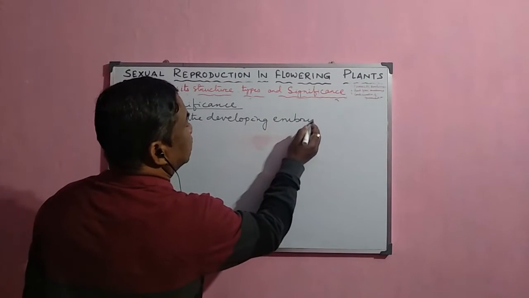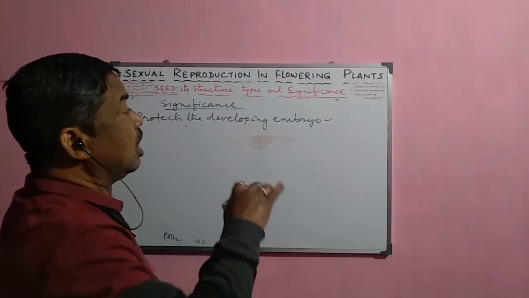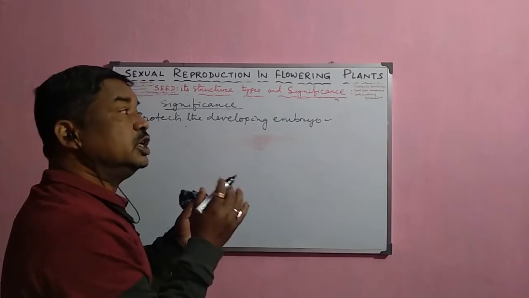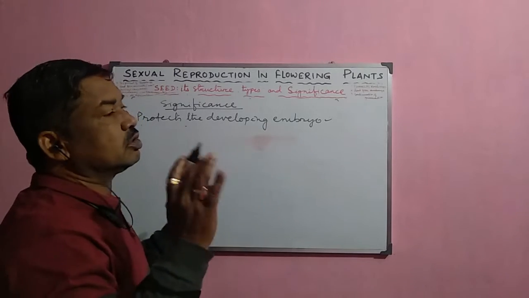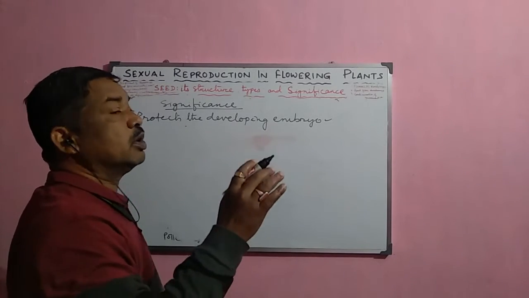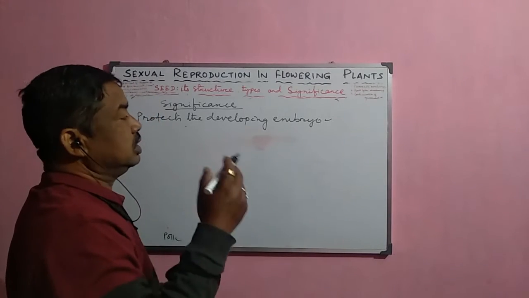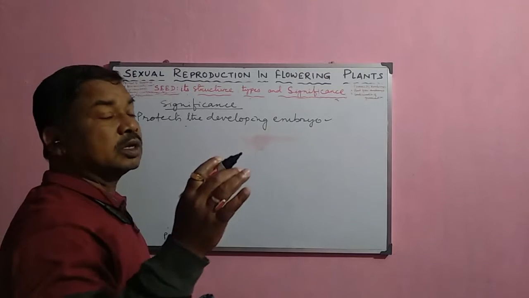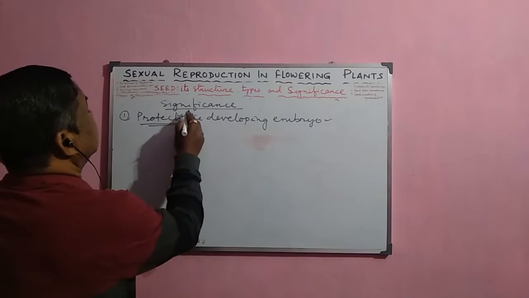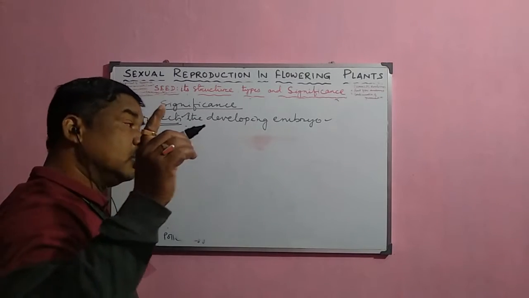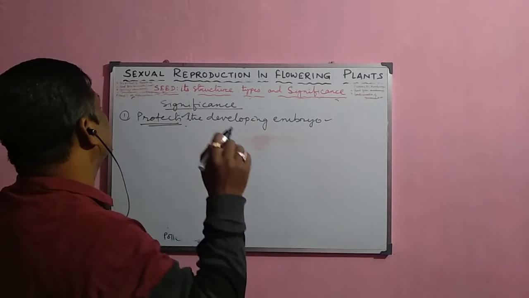The embryo is present inside the seed, and the outer covering of the seed, the testa and tegmen, protects it during its development from unfavorable environmental conditions, either the heat or the cold or many other chemicals. That is why the most important role of the seed is to protect the embryo, which is the future baby plant and the future generation of that particular plant.